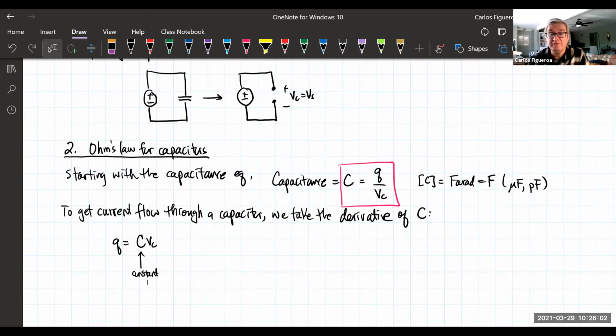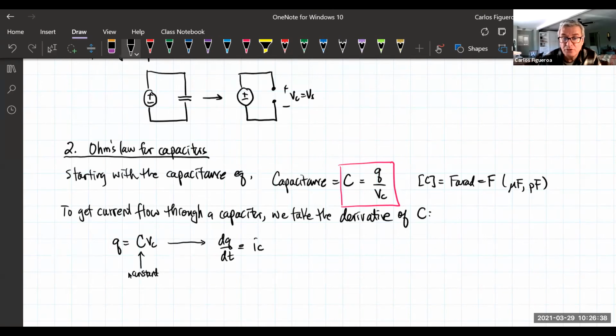So what we want to do here is take the derivative. I know that the charge is changing as a function of time. If I have more charge, I'm going to have more voltage. So if I now take the derivative, I get dQ/dt. By definition, this has to be the current flowing through the capacitor.